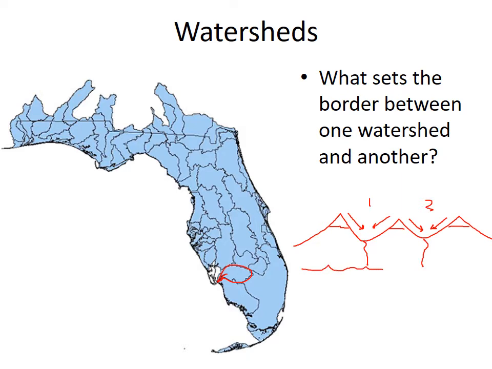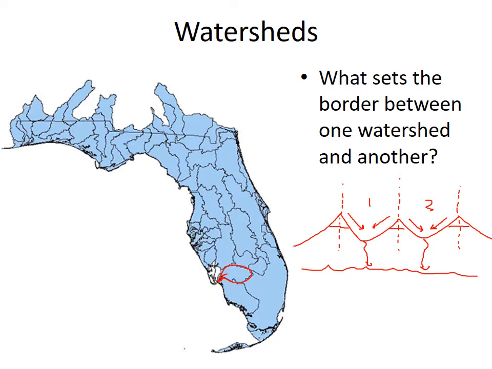Let's make the ocean here. And those are rivers going to the ocean. And so the boundary between one watershed and the other is the high points in the land. So the high points in the land are what sets the boundary between one watershed and another.